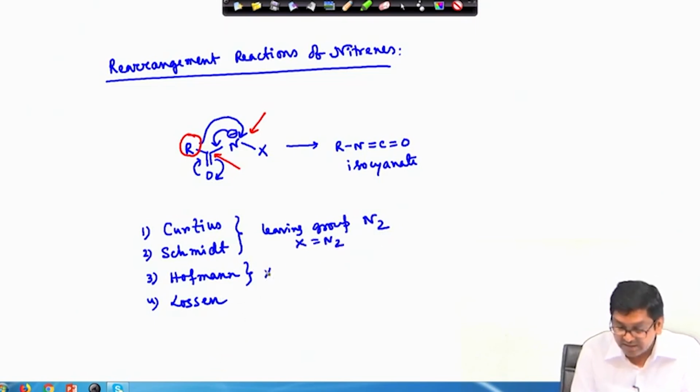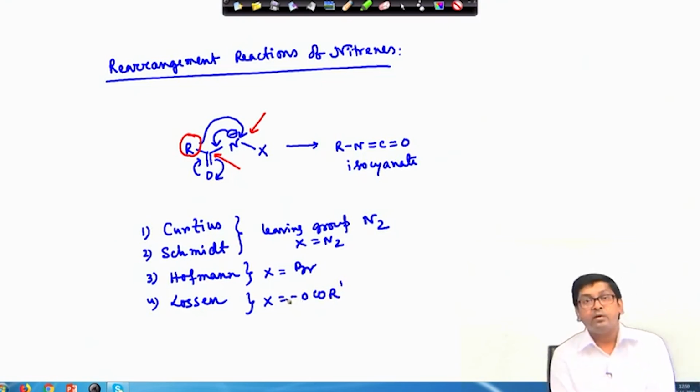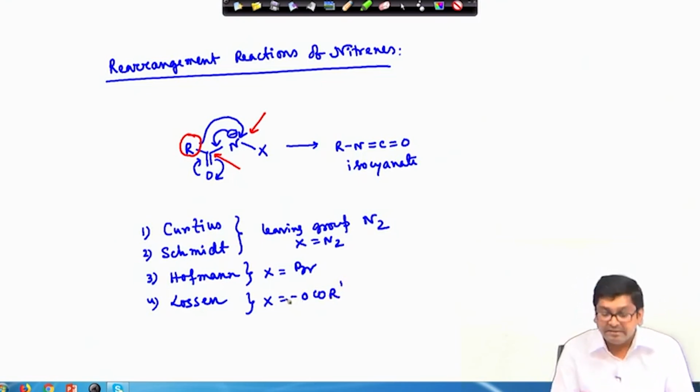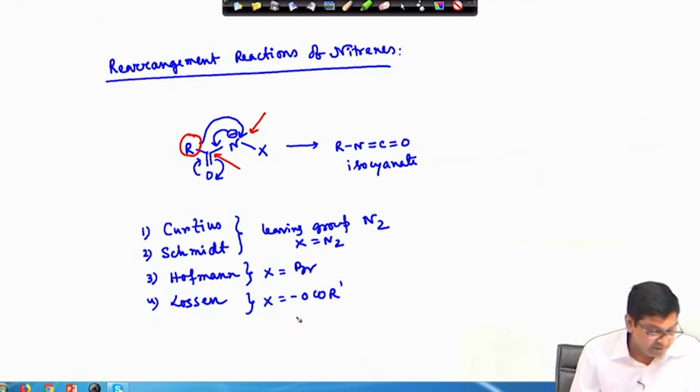In the Hofmann case X equals bromide, and in the Lossen case X equals an acyl derivative of hydroxyl, that means an O-acyl group, OCOR prime. So, these are the basic differences between these 4 types of reactions, though in general they pass through a similar reaction pathway.